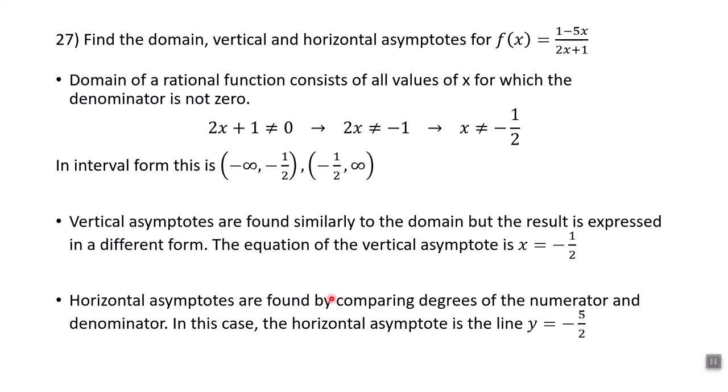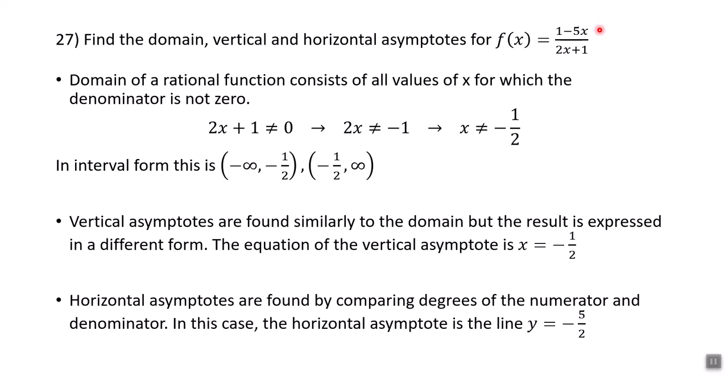Horizontal asymptotes are found by comparing the degrees of the numerator and denominator in algebra. I see that I have a linear equation in the numerator and a linear equation in the denominator. The numerator is written in ascending order rather than descending order. If we write everything in descending order, this would be negative 5x plus 1 in the numerator.